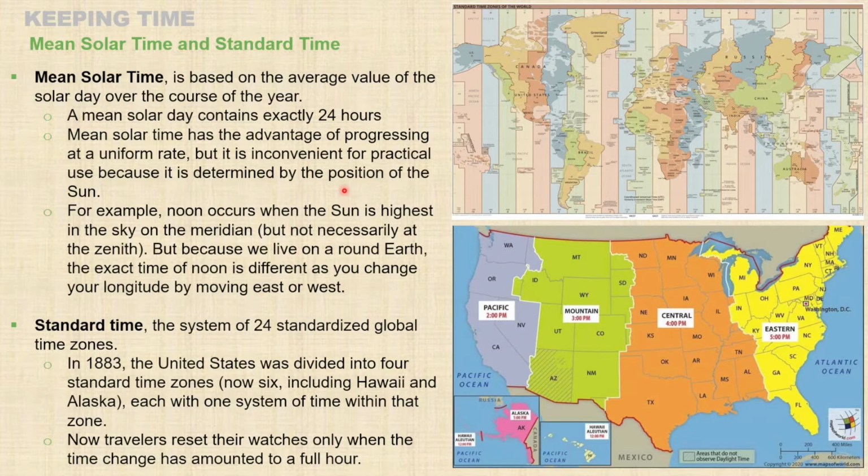So instead, we set a standard time, and we divided the Earth into 24-hour time zones. So no matter where you are within this block here, it's one time zone, one standard time.